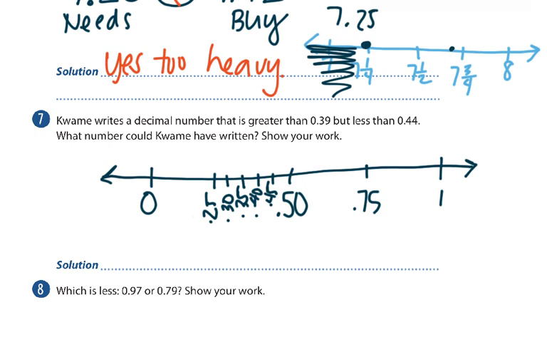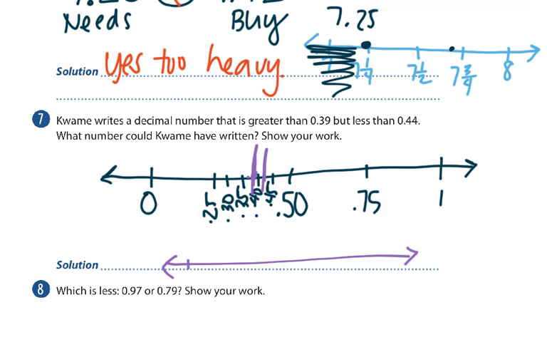So 0.39 is right here, and 0.44 is right here. So what numbers do I have in between there? Well, I'm going to blow it up. This is real messy, hard to see. I'm going to do 0.35.